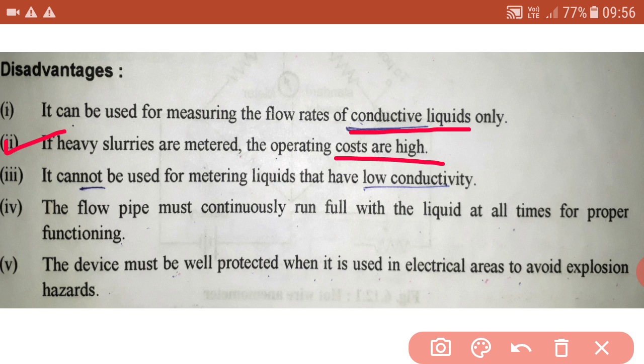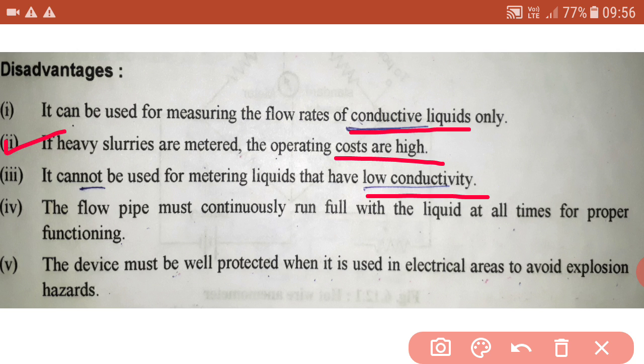If heavy slurry materials are there, then operating cost will be high. It cannot be used for metering liquids that have low conductivity. So, if the liquid is conductive but its conductivity is low, then also we cannot use this electromagnetic flow meter.